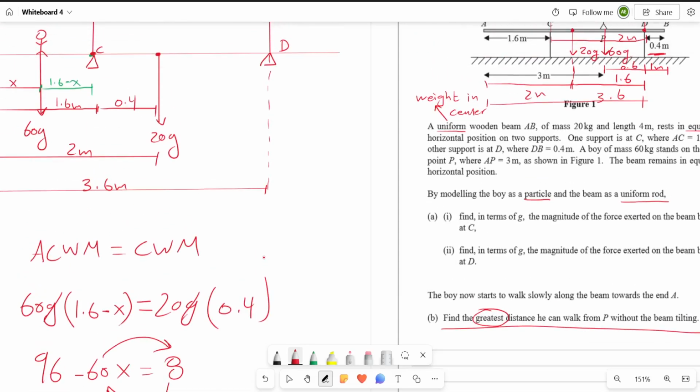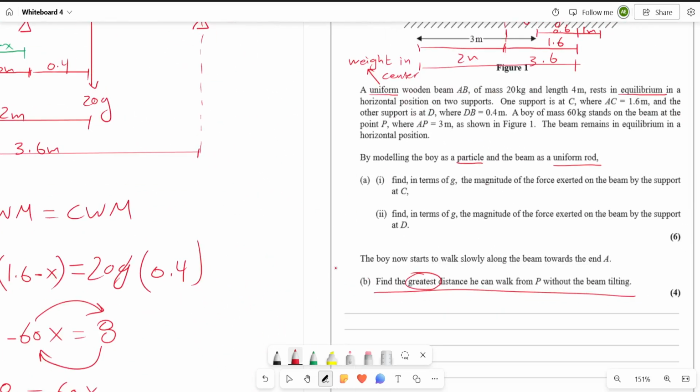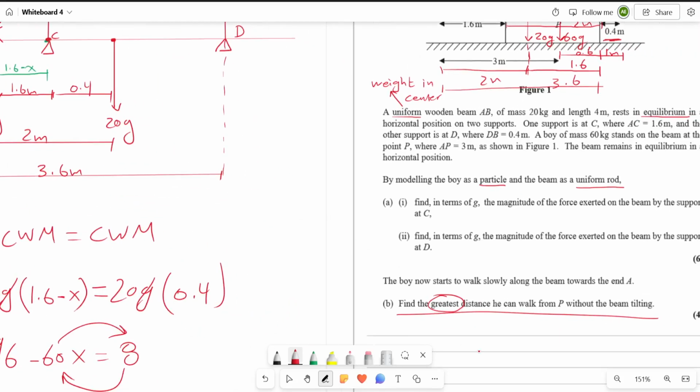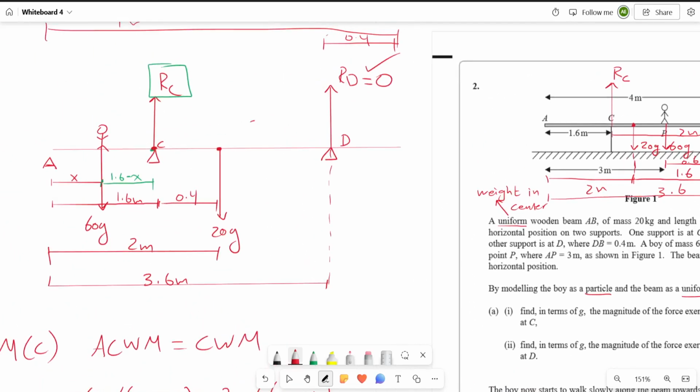Now I basically just have one final step, because the question doesn't ask for the distance from A to the point where the boy is going to be standing. No, it wants the distance that he can walk from P. So the boy initially, if you remember, started somewhere here, and we call this point P, and this point was 3 meters from the end. Now, what I want is the distance that he walked.